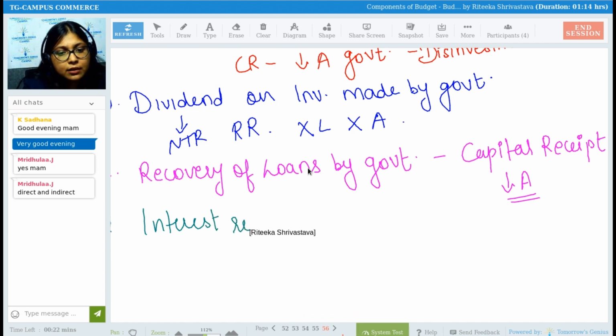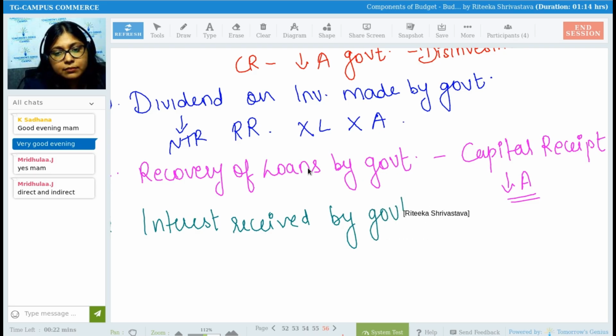Interest received by government. Interest was part of non-tax revenue.